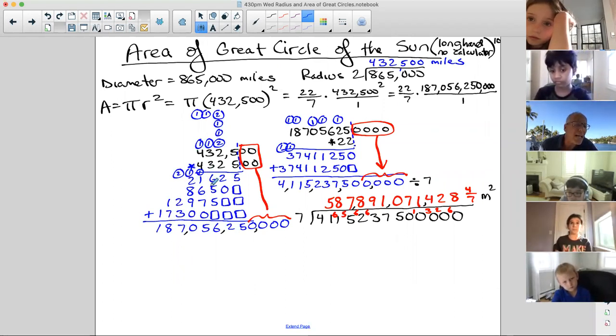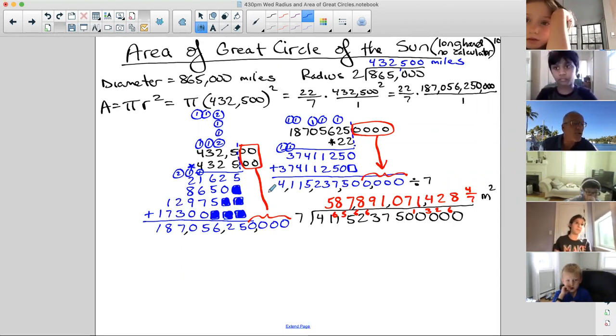And if you notice, guys, I had to do that with the 2, the 3, and then the 4. But each time I would have to add on an extra placeholder. And those placeholders are zeros, but it's important that you write them down.